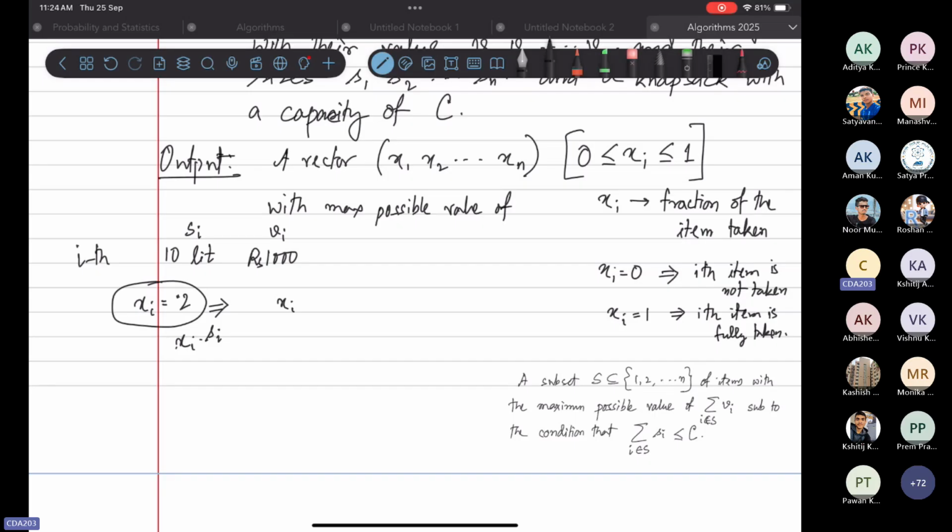Value will be again xi times vi. Okay, so you got it.